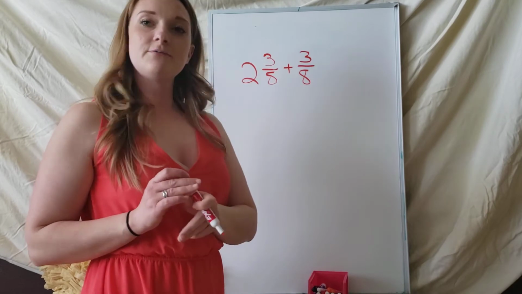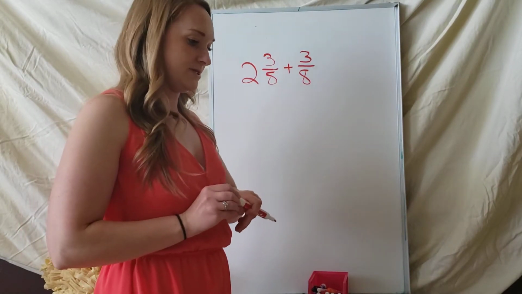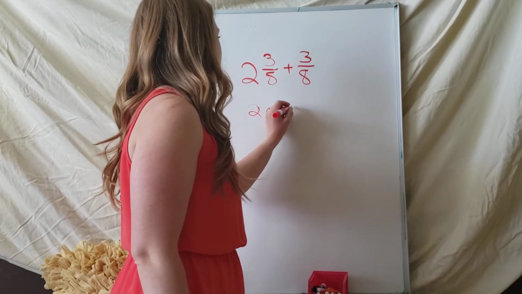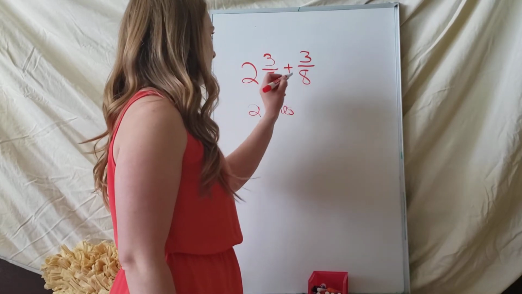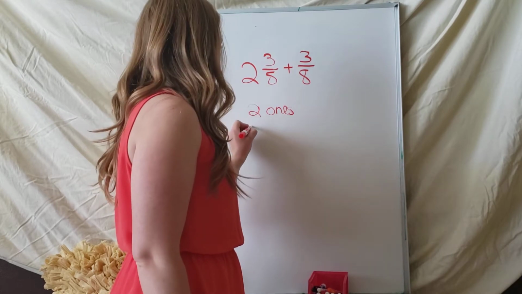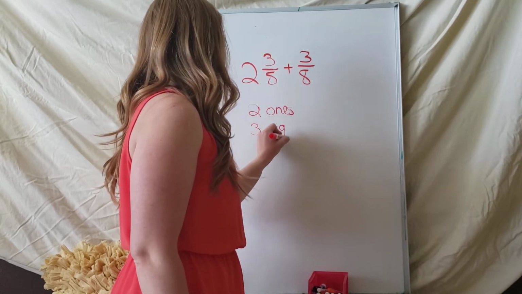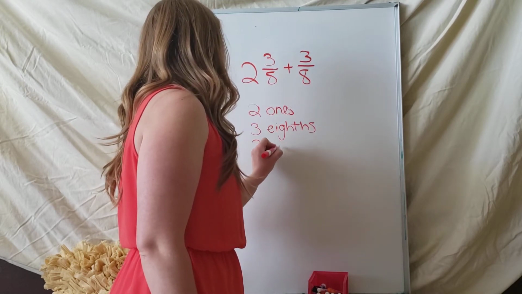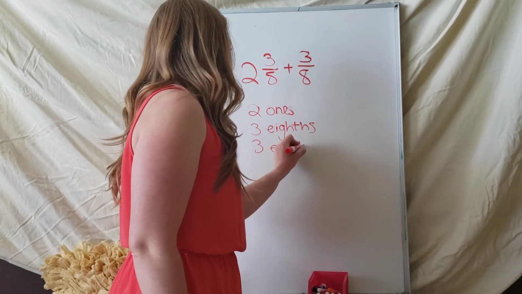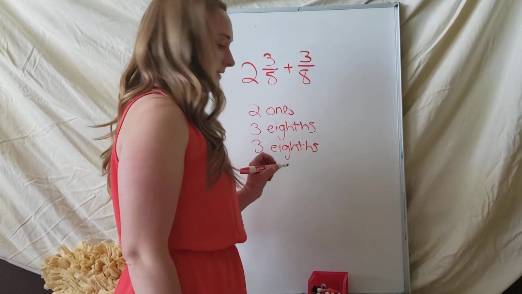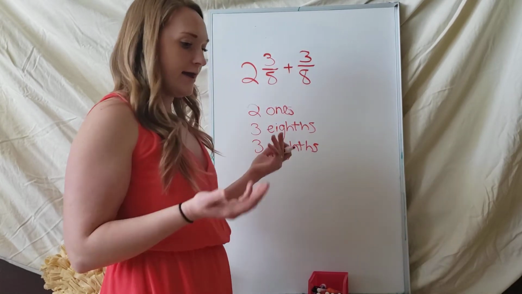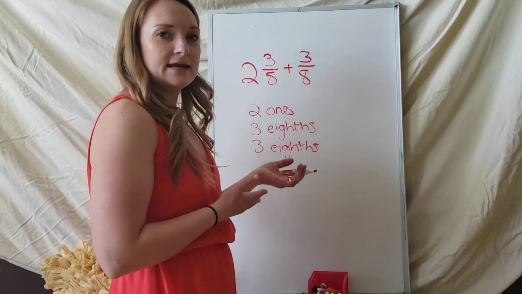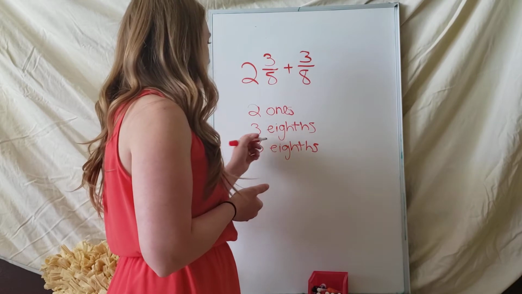So the first thing I want to think about is what units do I have? I have 2 1s, and I have 3/8 and I have another 3/8. So we're going to think about adding like units. The 2 1s, I don't have any other 1s I can add them to right now, but I have 2 sets of 8s.